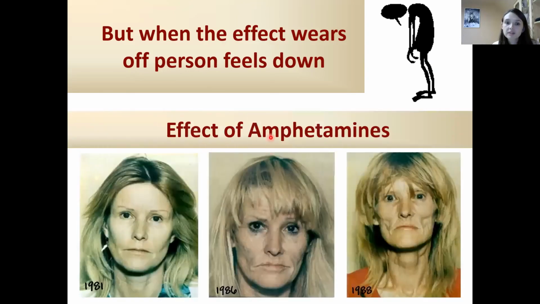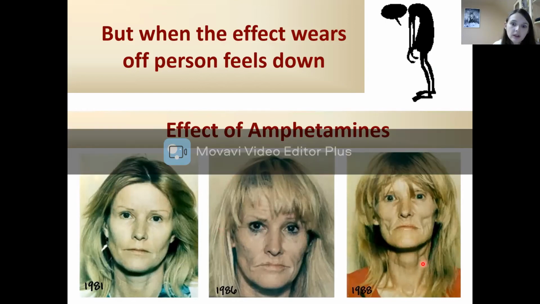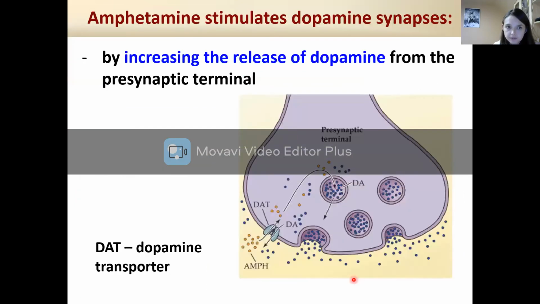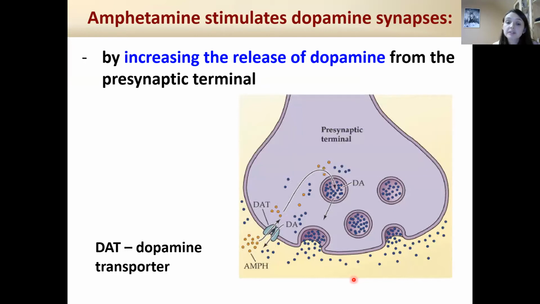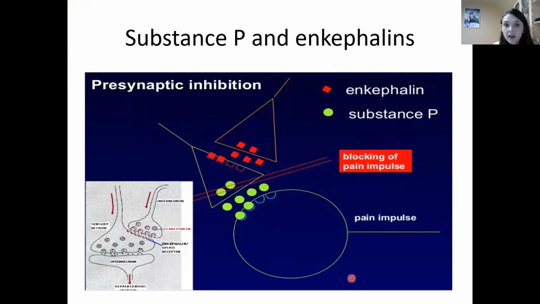So here you could see the effect of amphetamines on a person who takes this drug. You see that she doesn't look very good for her age. So as we discussed, amphetamines also stimulate the dopamine synapses and the release of dopamine from them.